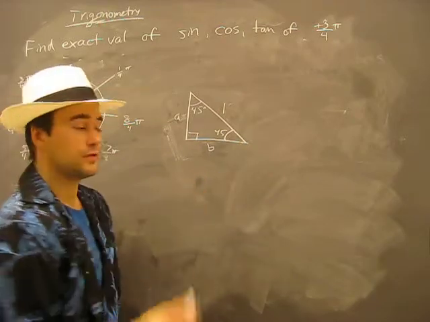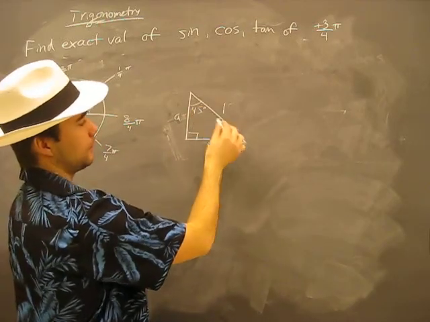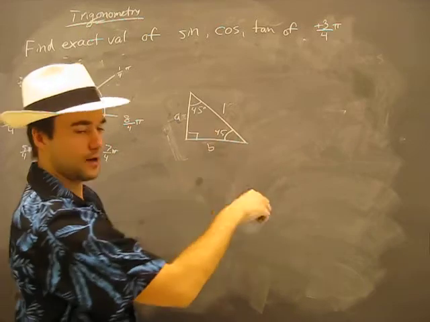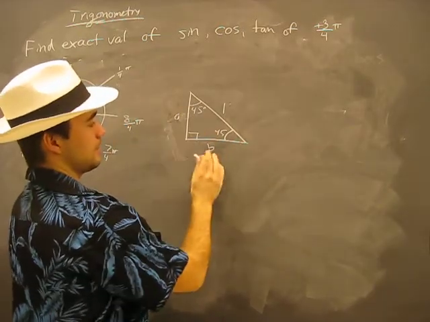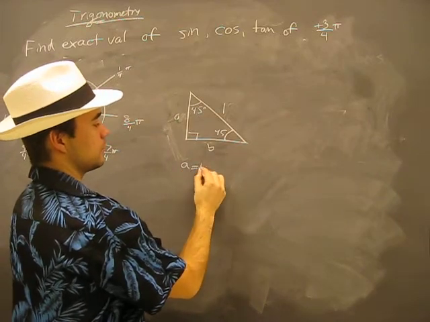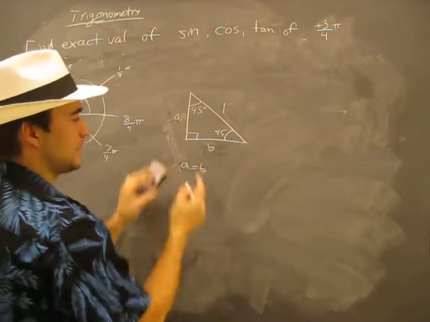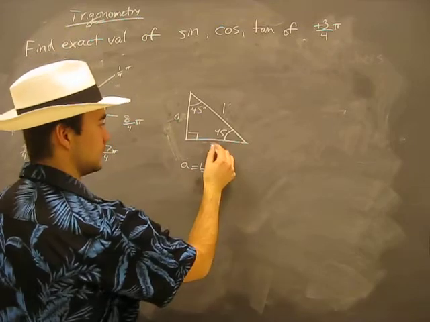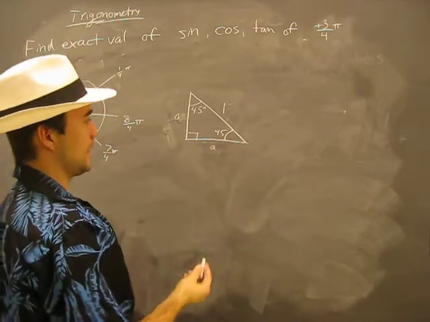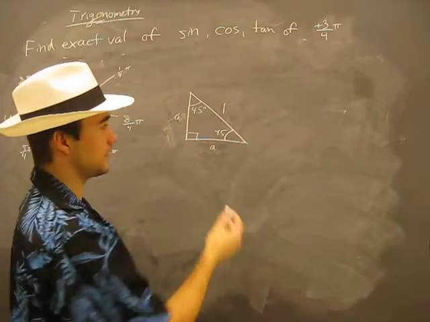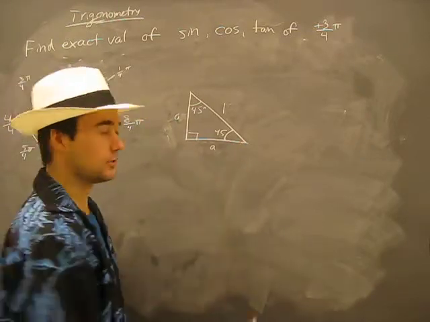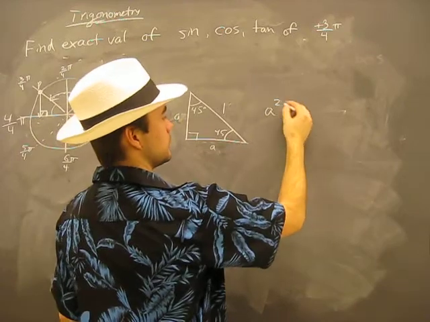Because we have this very special case of triangle, we don't have to calculate sine to figure out the side. We just know that these sides are the same. So if A equals B, I'm going to rename them both as A and see what happens. Now, to get the sides of a 90 degree triangle, we use the Pythagorean theorem, which was this.